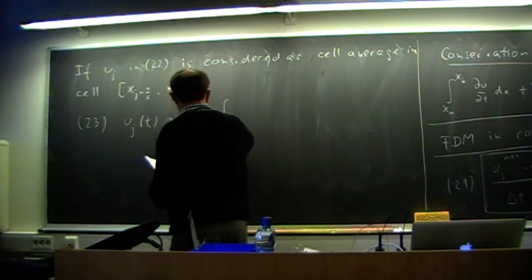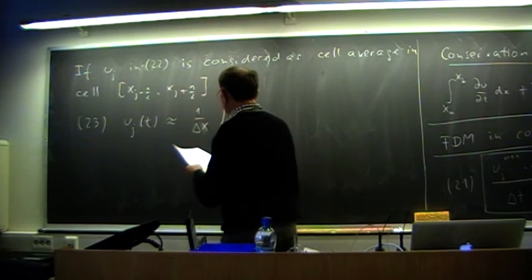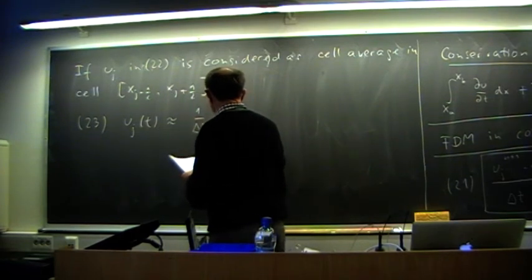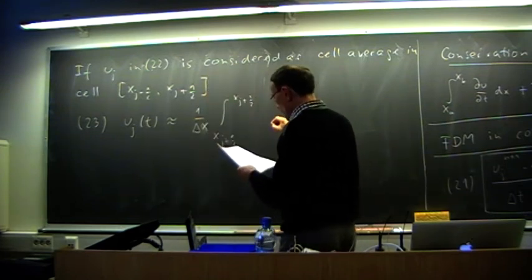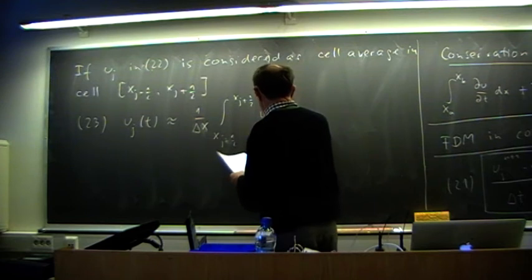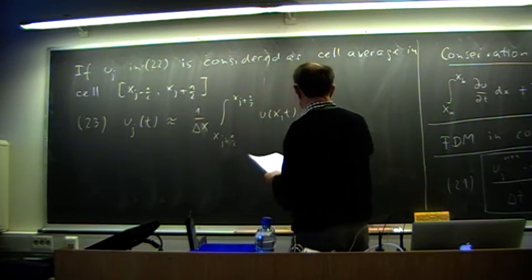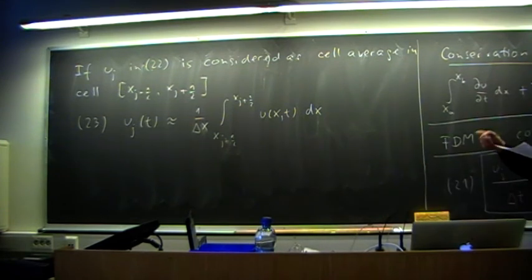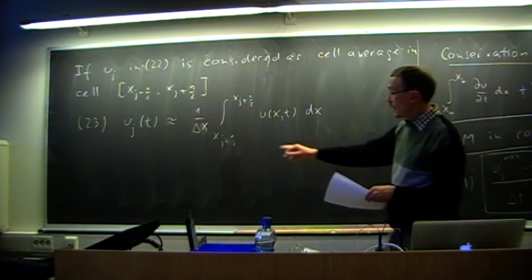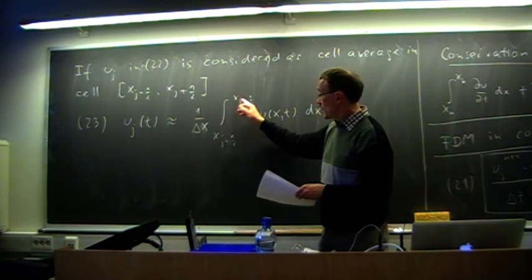It is the integral over the cell xj minus 1/2 to xj plus 1/2. And we are integrating the exact solution to our problem, u of x,t. So then we get an average by dividing this integral by delta x, which is the difference.